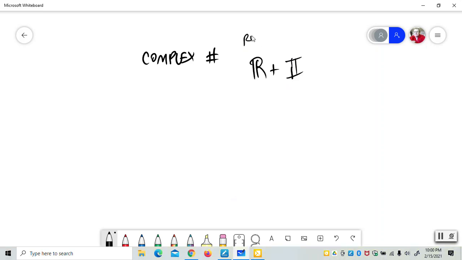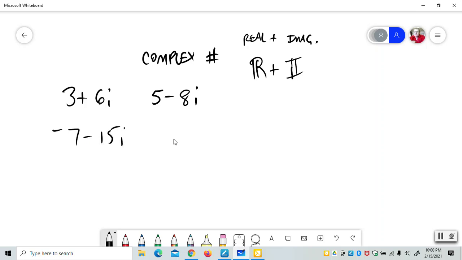So you've got real plus or possibly minus imaginary. So 3 plus 6i is a complex number. 5 minus 8i is a complex number. Negative 7 minus 15i, or negative 12 plus i. These are all complex numbers.